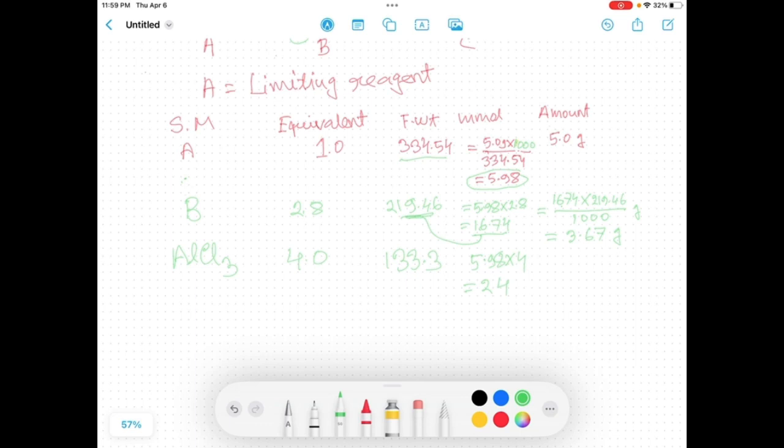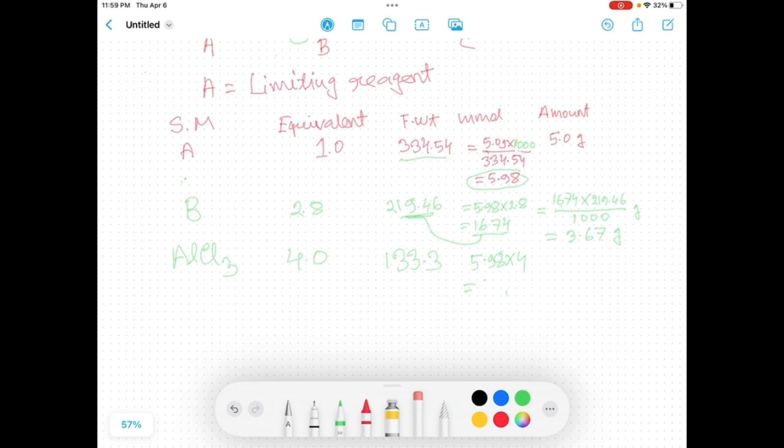Not 24 actually, little bit more. So let's calculate how much it is. So for equivalent, where is the calculator? So let's calculate 5.98 times 4.